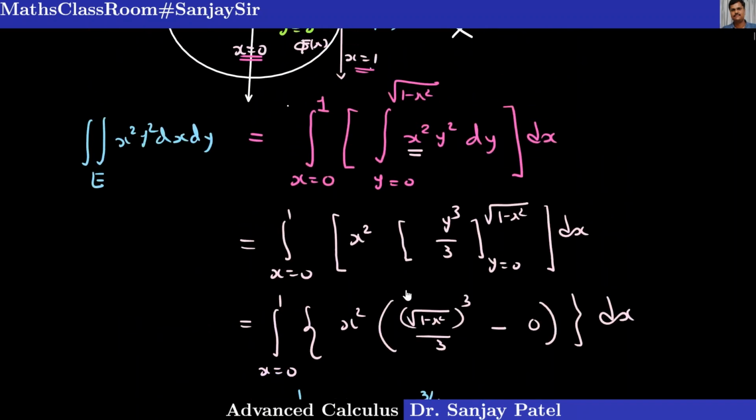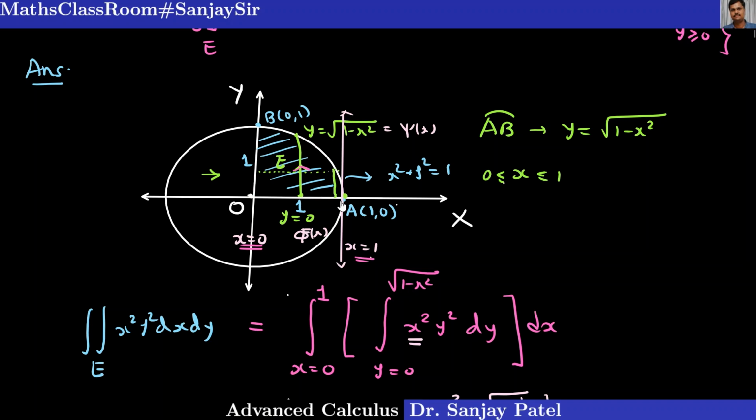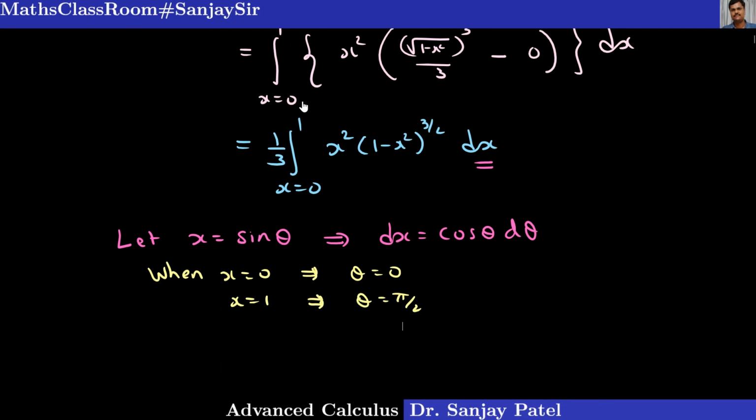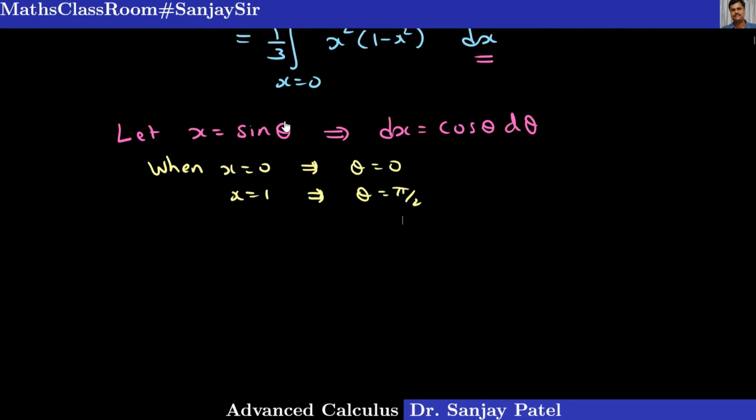So x equal to 0 gives theta equal to 0, and x equal to 1 means theta is equal to pi by 2.